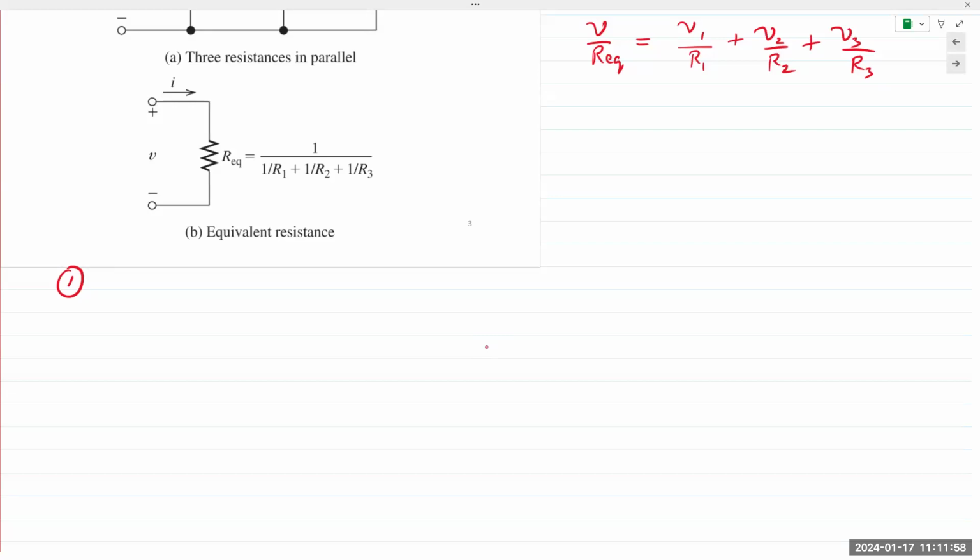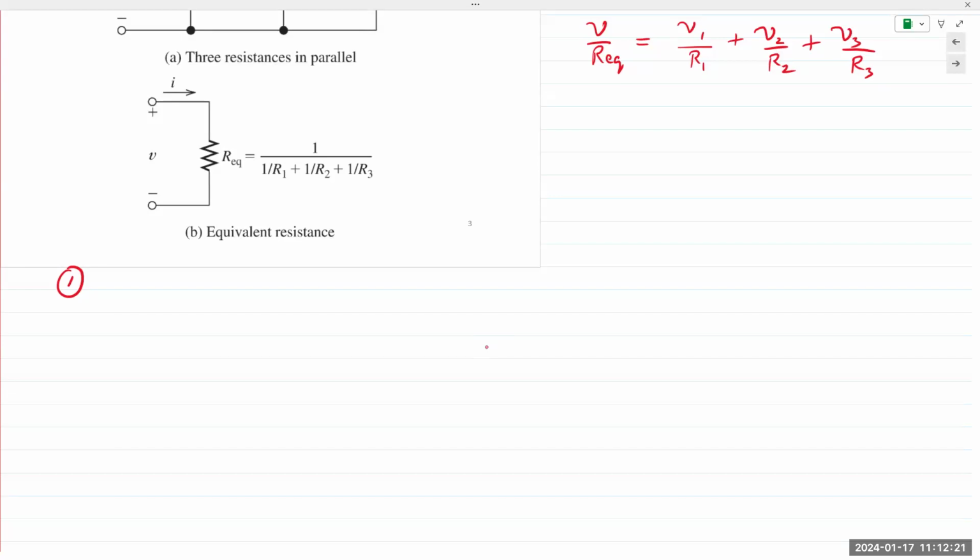And that is something that needs to be registered in your brain because it is an instant verification check for your answers. If the resulting value you obtain is larger than the smallest resistor in that network, that means your answer is incorrect. And you need to check your work.